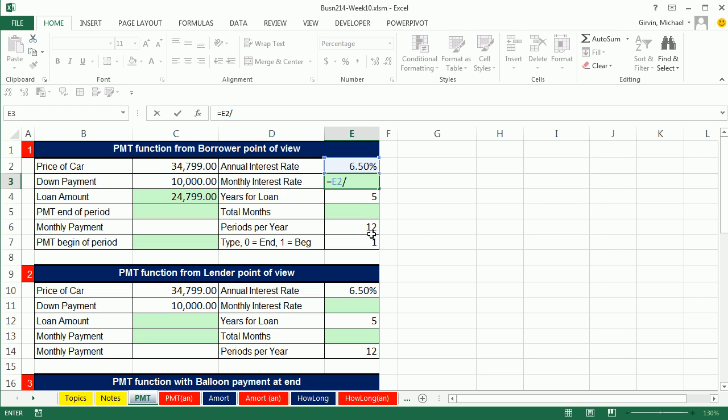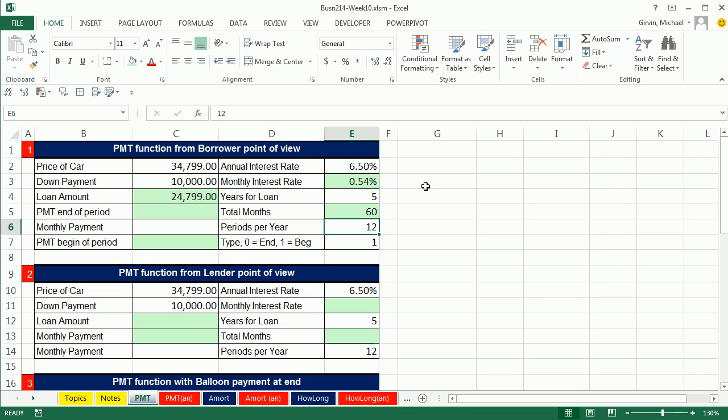So we divide by the number of periods in the year. Now, for most consumer loans, or many consumer loans, we're doing monthly. Later in this video, we'll have an example where the corporation is borrowing some money, and it's quarterly. We pay quarterly payments. But here, annual divided by 12, that's our monthly rate. Now, number of years, we need total number of periods. So we say, hey, years times number of periods in our year, which happens to be 12.